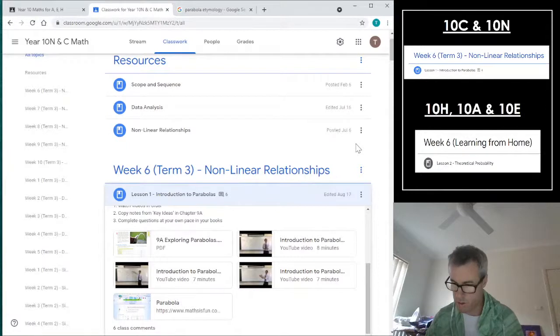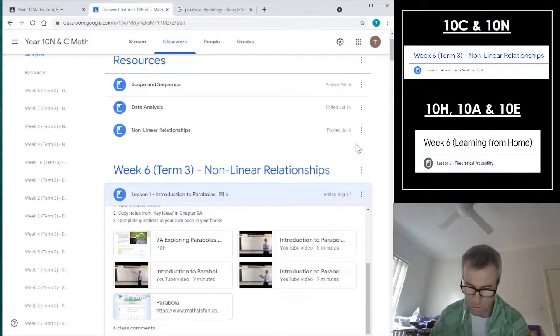All right, let me just stop mirroring for a second. And we want to export to Google Drive.